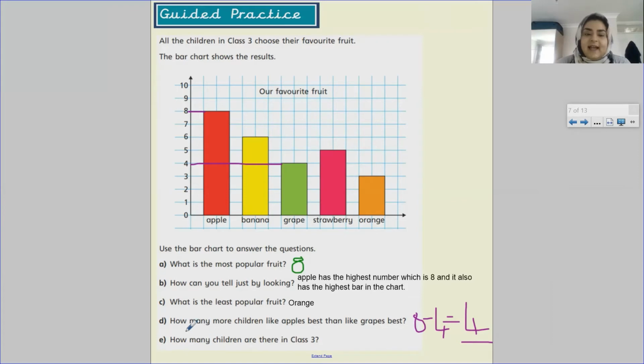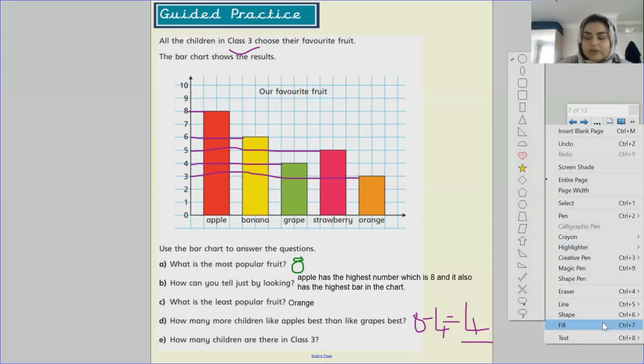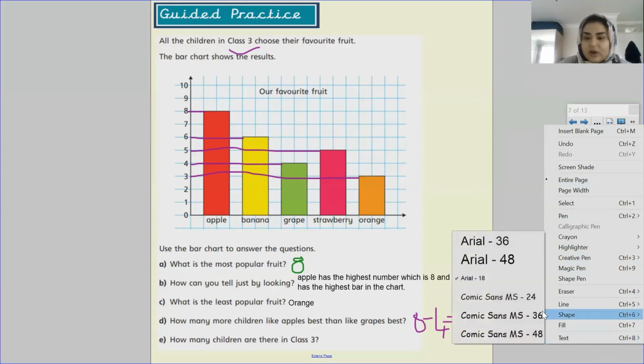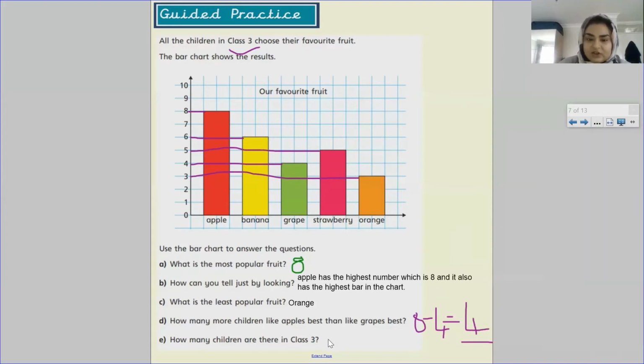Then it says, how many children are there in class 3? I need to work out how many children there are in class 3, and the best way to do it is by adding all the totals of the chart. I'm going to add all these numbers that I've drawn the line to, because only one child could choose one fruit and every child has chosen a fruit.